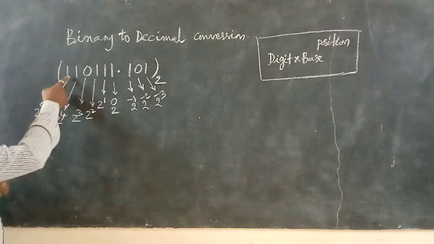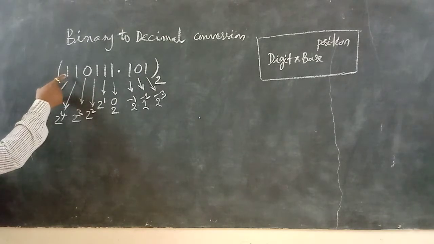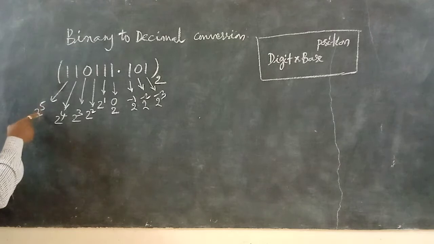Now here, the leftmost bit is 1. Positional weight is 2 to the power of 5.